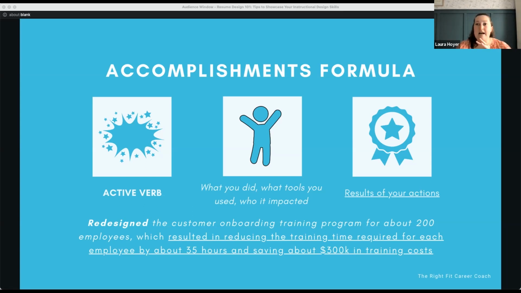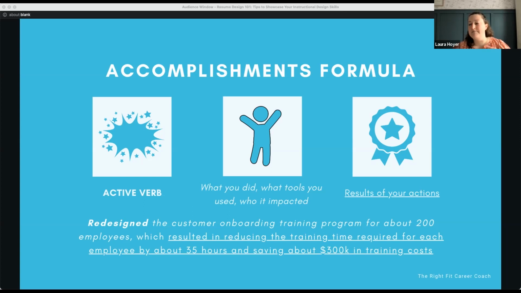So let's say you designed an entirely new curriculum with 10 people. Start with what you did and the active verb associated with that. So if you developed, for example, interactive activities, you start there: developed interactive activities in collaboration with 10 colleagues, let's say. So always start with what you did, make sure it's a powerful active verb.